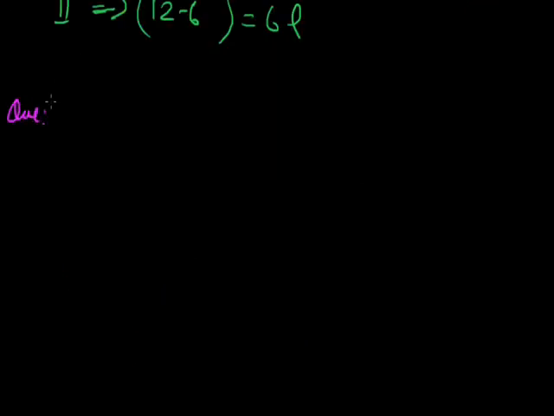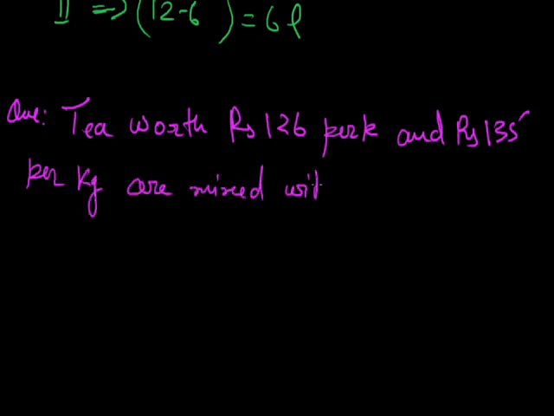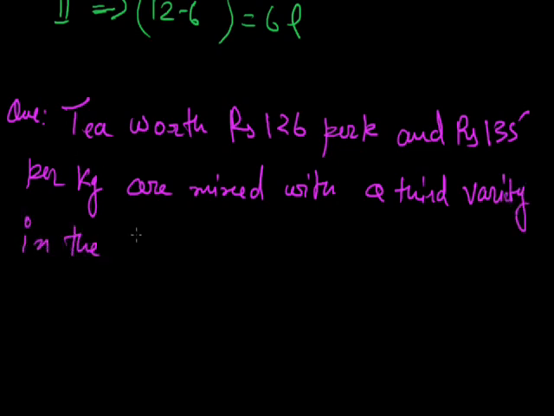Next question, tea worth rupees 126 per kg and rupees 135 per kg are mixed with a third variety in the ratio 1:1:2.